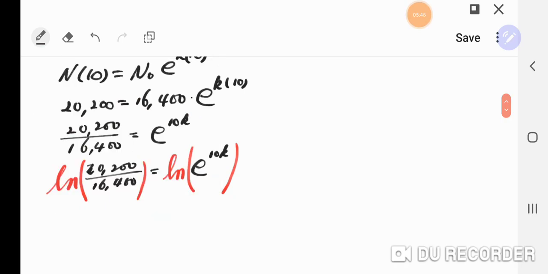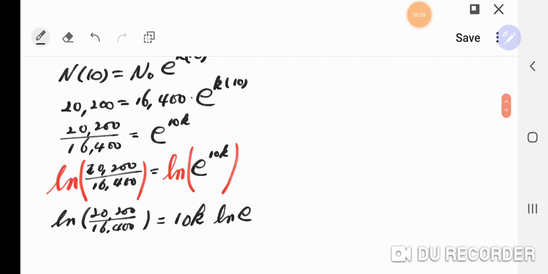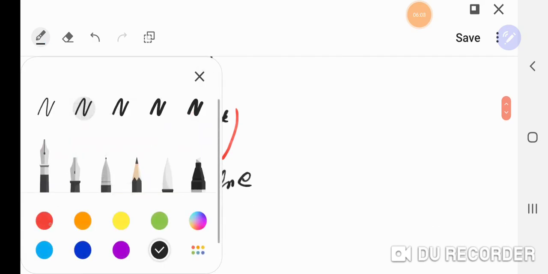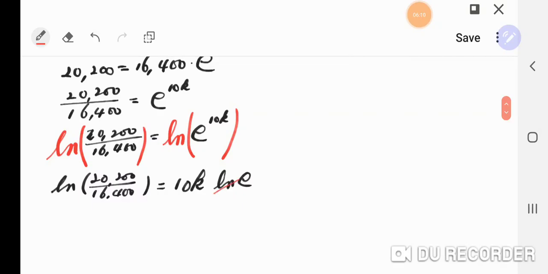Then on the right hand side, you can just move the exponent 10k to the front, and this ln e will become 1. The left side is unchanged. Since ln e is equal to 1, you can just remove it. So from this, we found k.